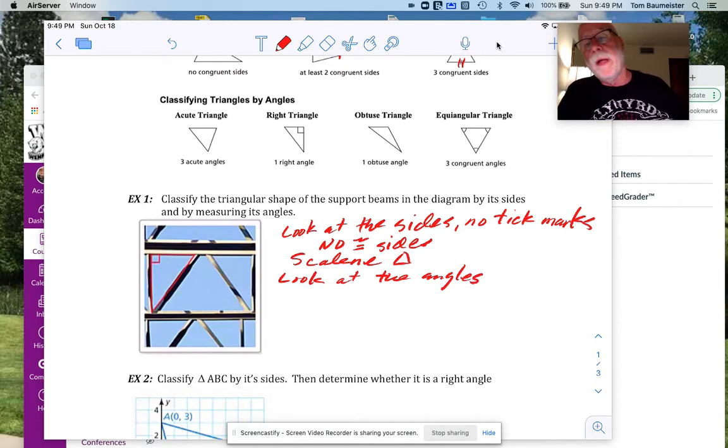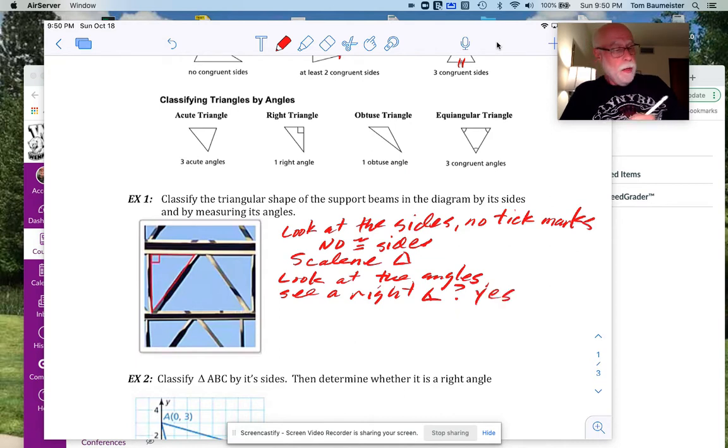If we were in class, I would have you measure them, and you would use a protractor. But right now, since we're not in class, just look at what you see. So you see a right angle. And then if there's one right angle, that means that we're going to have a right triangle.